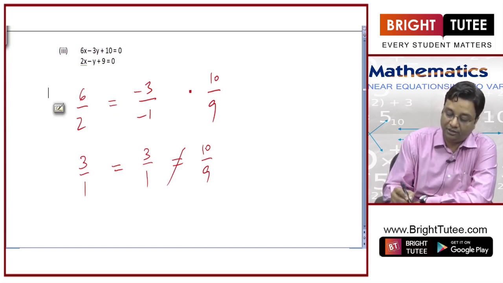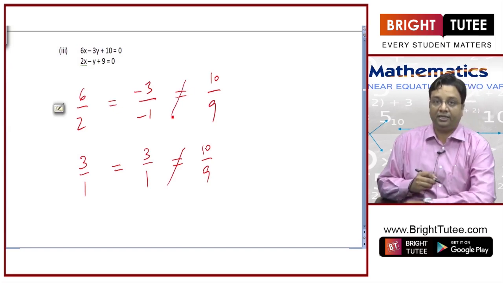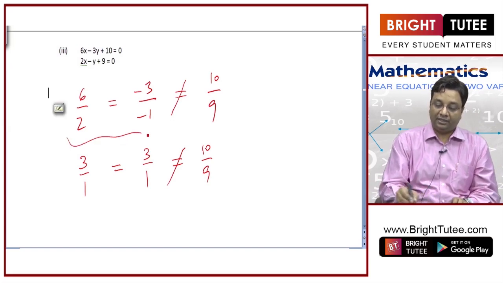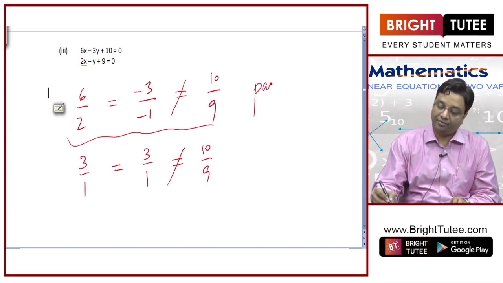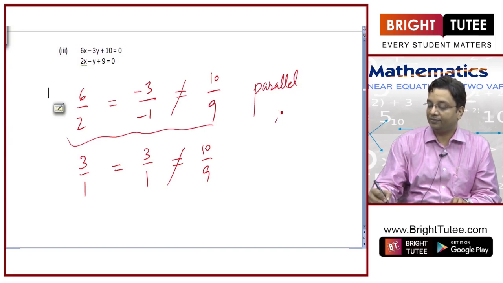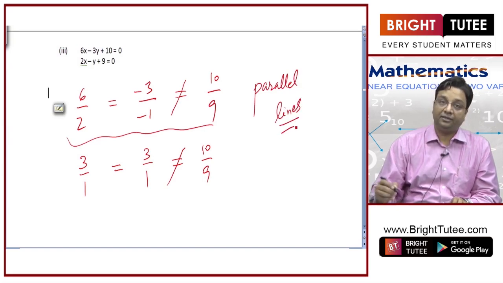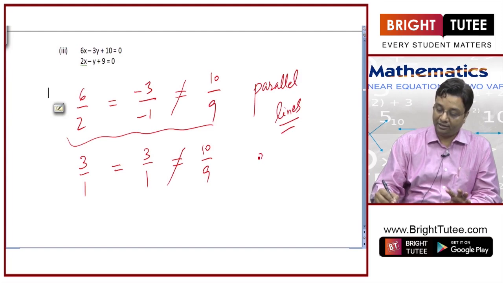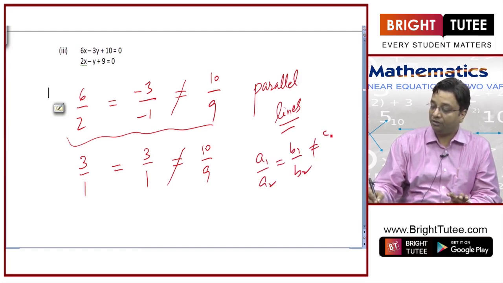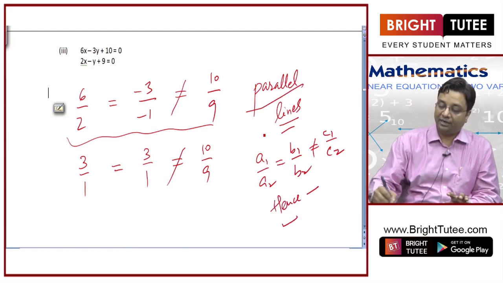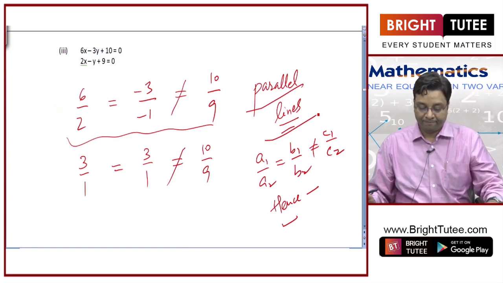So what kind of lines are these? These are parallel lines. Why? Because we will comment like this, that a1/a2 is equal to b1/b2, but it is not equal to c1/c2. Hence, we will say these lines are parallel lines.